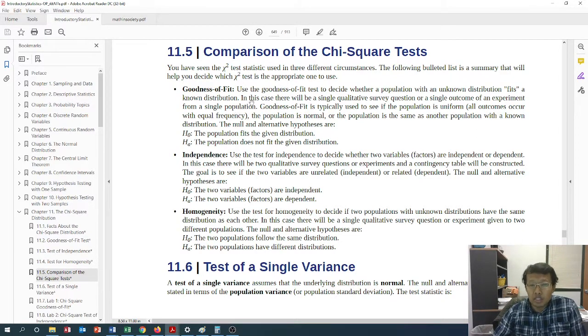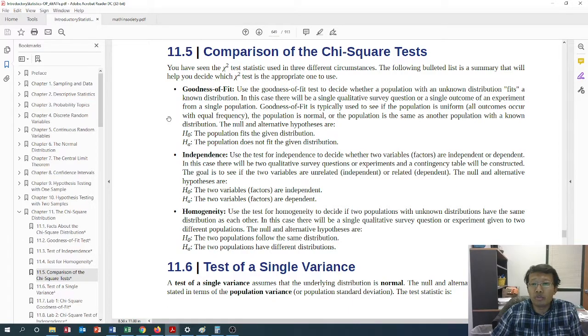Goodness of fit is used to decide whether a population with unknown distribution fits a given known distribution or not. In this case, there will be a single qualitative survey question or single outcome of an experiment for the single population. So there will always be a single population. It will have a contingency table, but the contingency table will have only one variable.